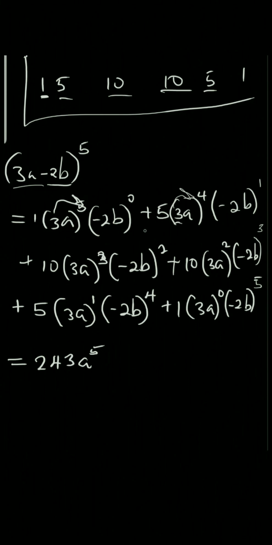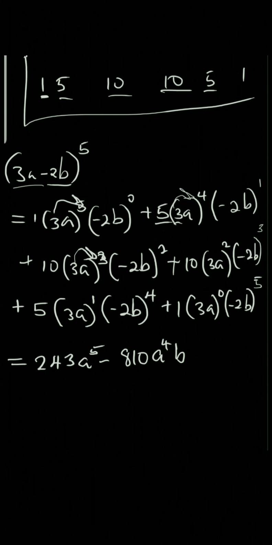Then you multiply the 81 with 5, so 81 times 5 will give us 405. Now this 405 will multiply with negative 2, which will give us negative 810. So we are going to get negative 810 a to the power of 4 b.